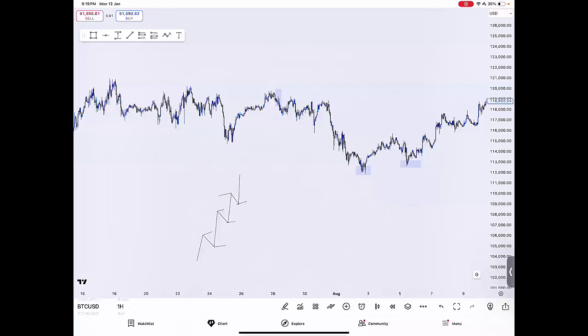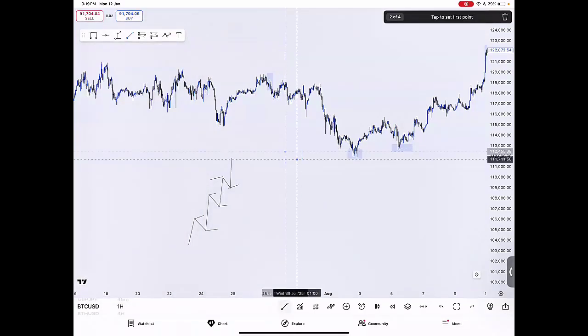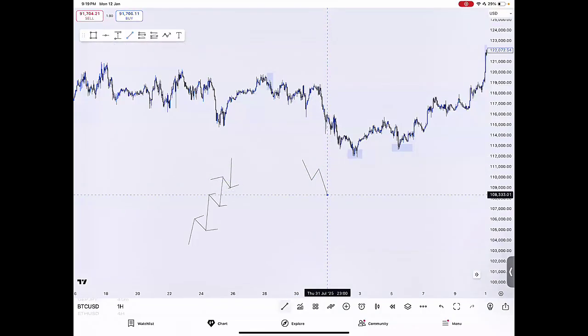So it's categorized under trending markets. It's one of the trending patterns we have. The first one is the uptrend. Then the second one is called what? A downtrend. That is when price is giving you a series of lower highs and lower lows, lower high and lower low, lower high and lower low.